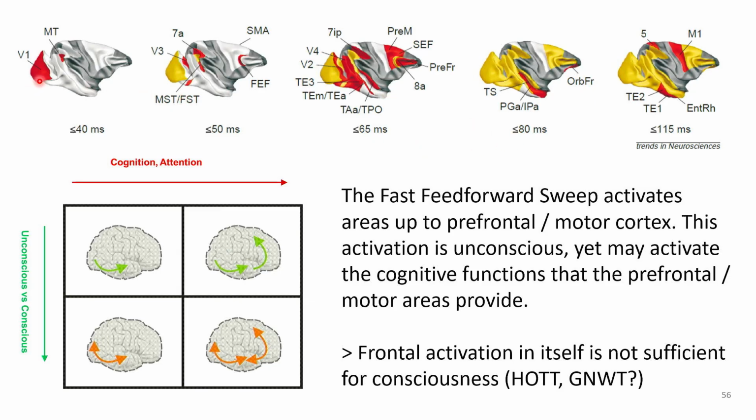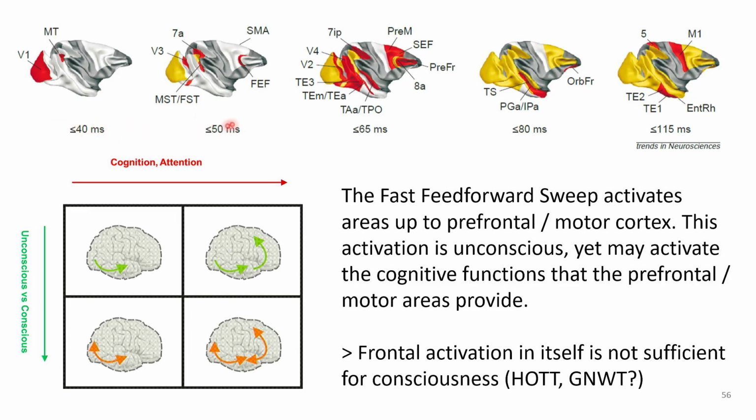From 40 milliseconds on, you get activation in primary visual cortex, and then it proceeds very rapidly through the whole brain. Activation of frontal regions already 25 milliseconds later, motor cortex, etc., some 40 milliseconds after that. So that's why it's called fast feed-forward sweeps, really mediated by feed-forward connections, because if it goes this fast, there's no way horizontal or feedback connections can get involved.